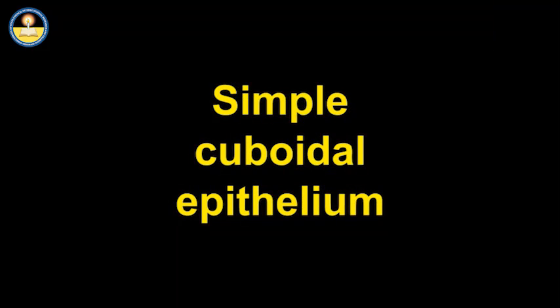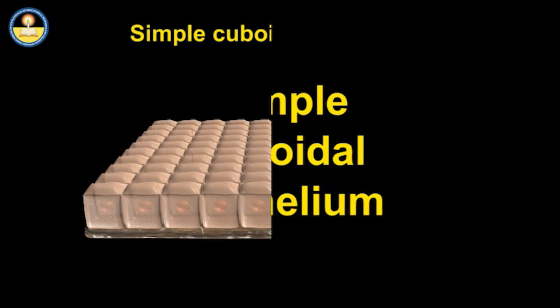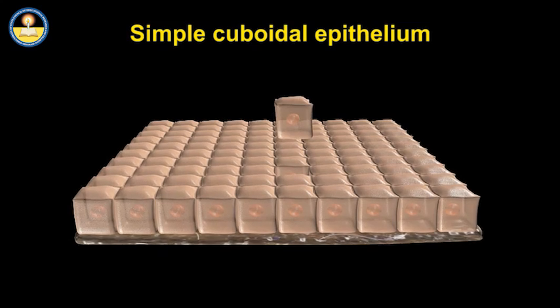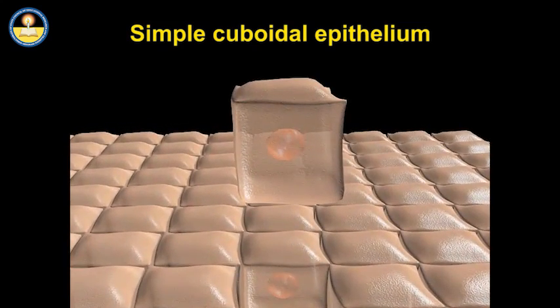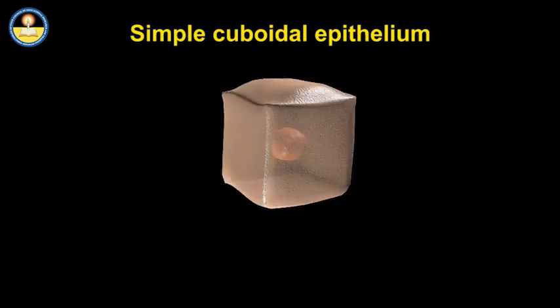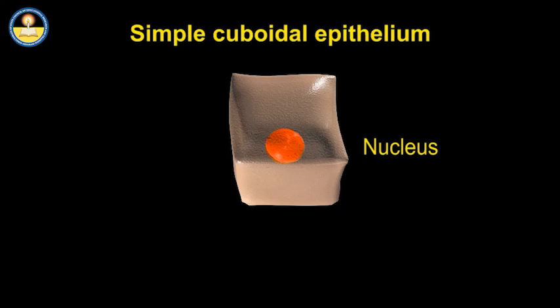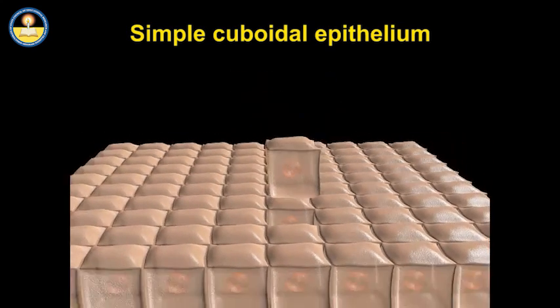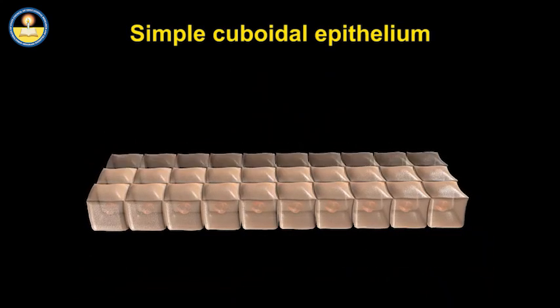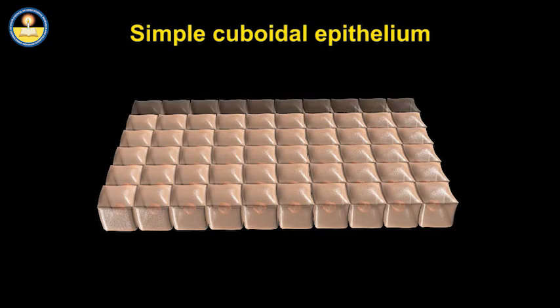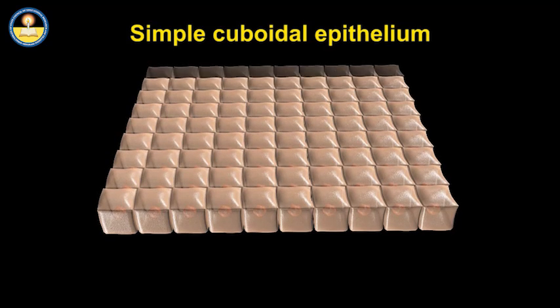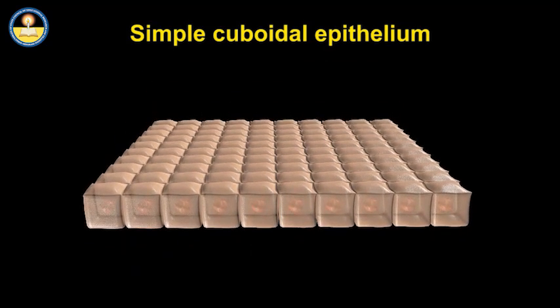Simple cuboidal epithelium. The term cuboidal conveys that the cells are equally wide as they are tall, creating a square profile with a spherical nucleus at its center. Simple cuboidal cells are classified as simple since they consist of only a single layer of cells.